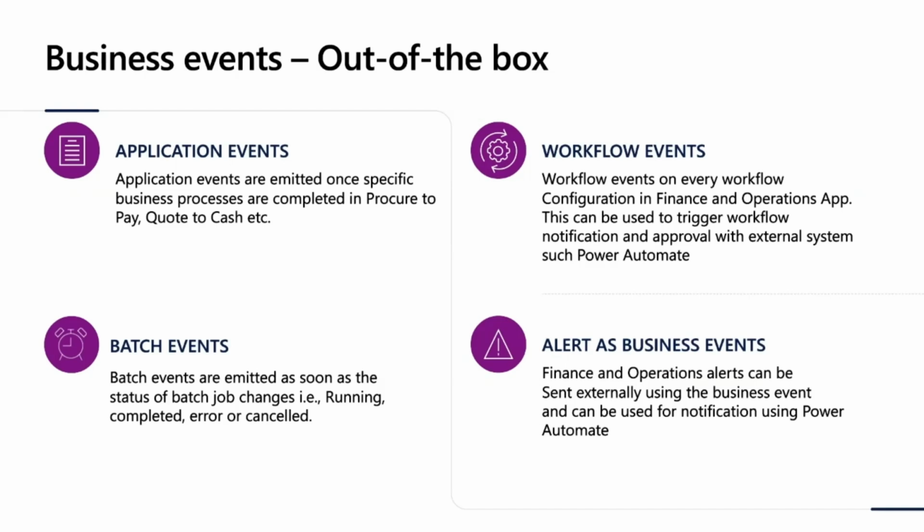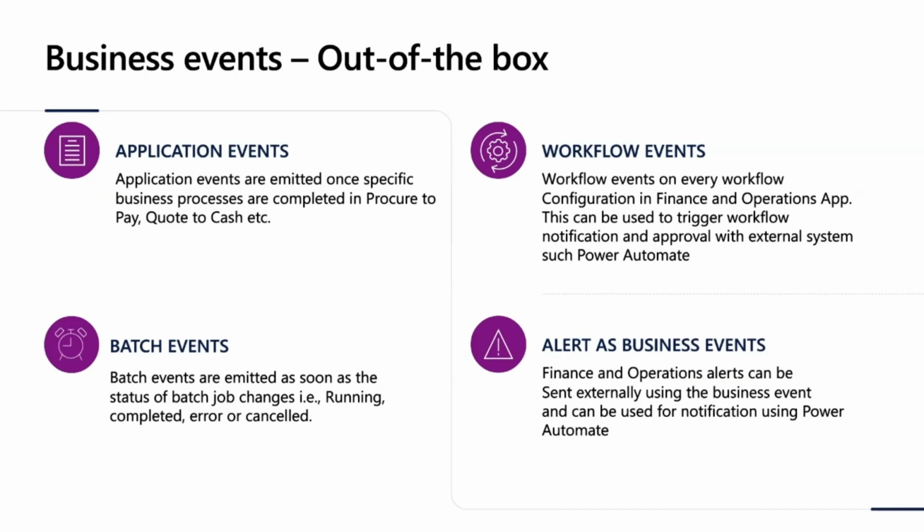So you can capture the events emitted when these processes are happening within a system, or finance and operations in our case. And once these events are happening, you can capture them, and via an endpoint, you can build your integration around it.